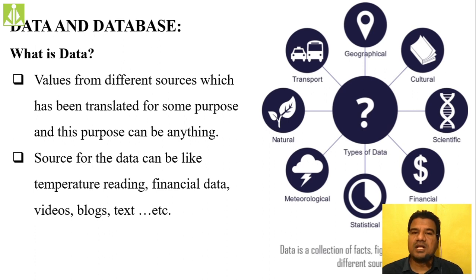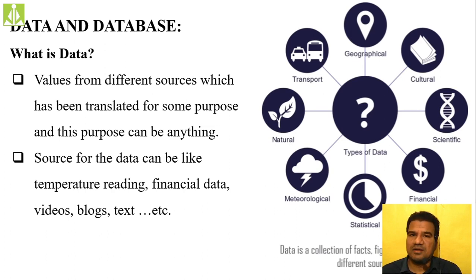Then cultural data: different activities, different events, sports, games, cultural events. That sort of data we can have. Scientific data: day to day we are doing a lot of research work in the science domain, so all that data comes under scientific data.